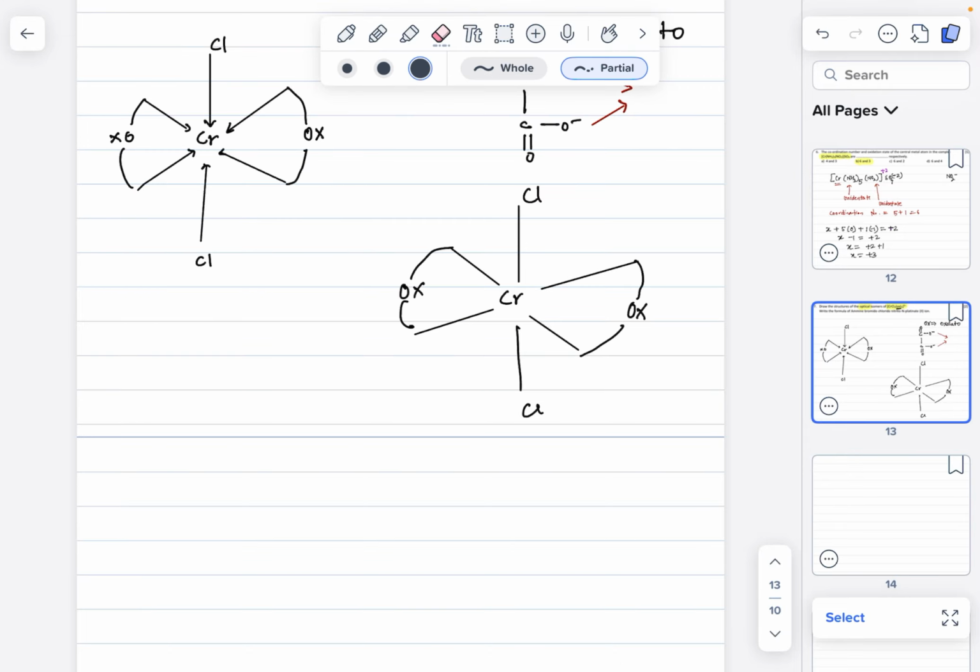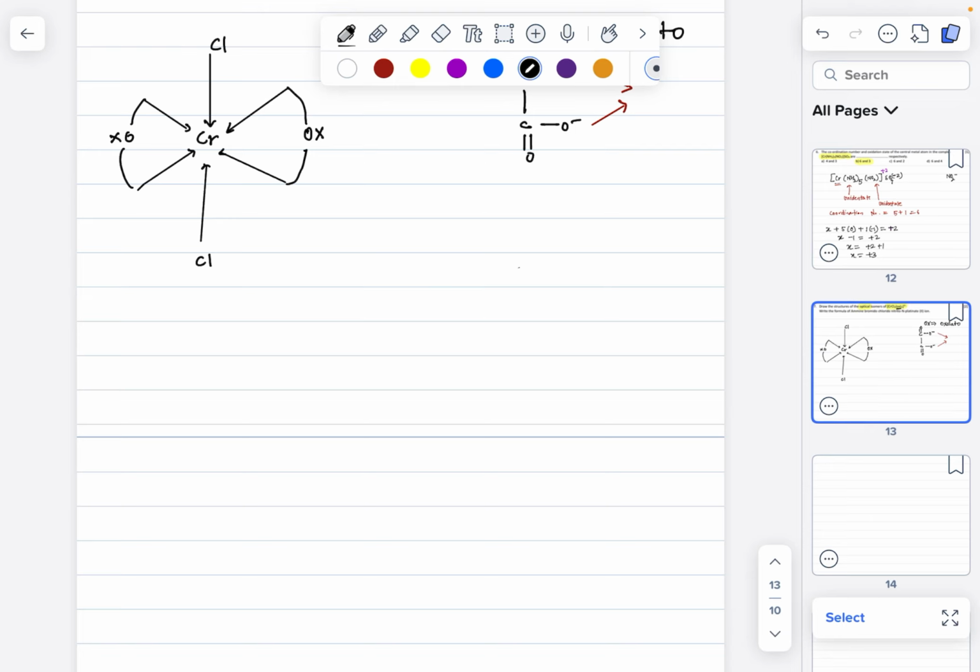Means, to be more precise, I'll replace this ox with triangles. This is one triangle over here. This is another triangle. Just consider this as one triangle, and this is the plane. This is another triangle.